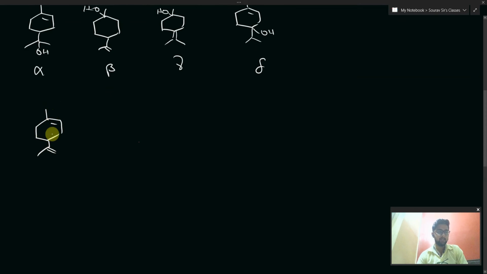This one is basically the substituent of terpineol, on providing it with A. Let me finish the structure drawing, and then I'll mention what reagents are taken. We will have the alpha terpineol over here.